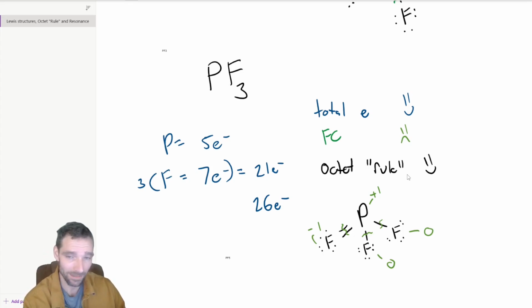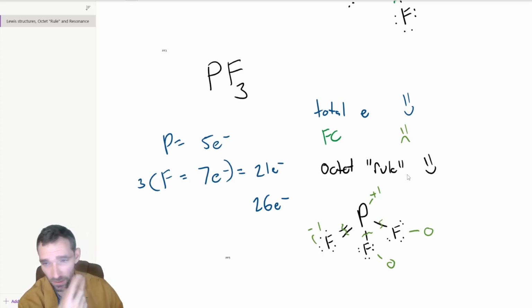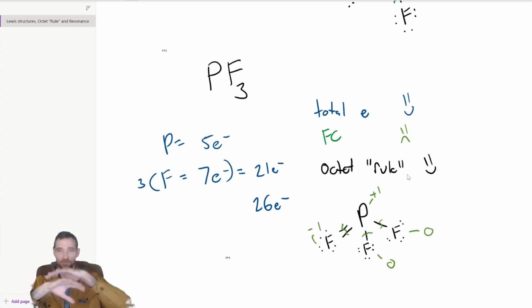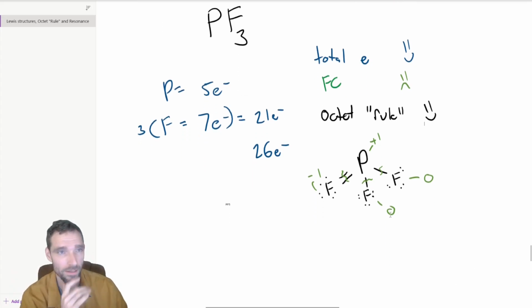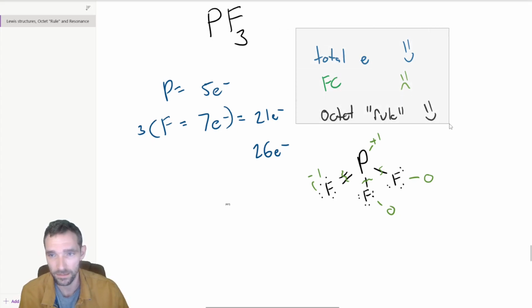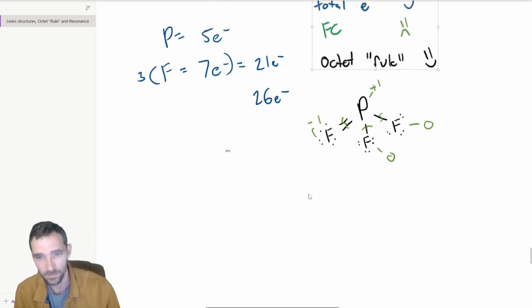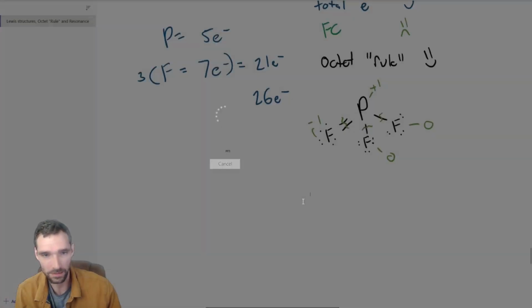While phosphorus can break octet, if it can follow octet, that's also acceptable. It's just got S and P orbitals geometrically canceling out, and there's no need to use any other orbitals. If there was, it might be able to use those. But as of right now, the best way to draw this would be kind of like what we've talked about.